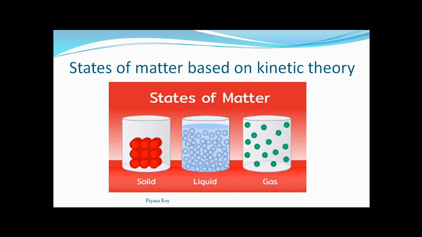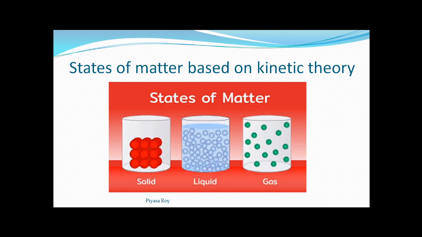Now for gases, as you can see, the intermolecular force of attraction is least here, so the particles are moving here and there, and they will occupy the whole volume of the container, okay. They will be scattered here and there. That's why any gas can be kept in any container, okay.